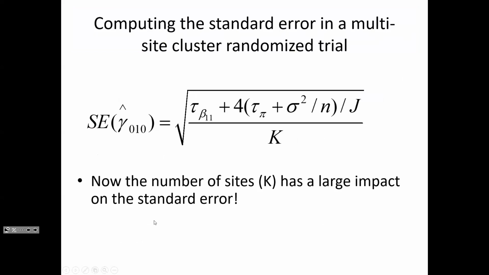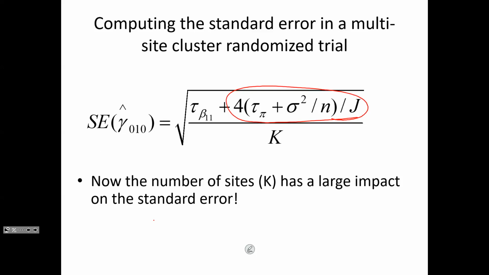Okay, so how do we compute the standard error for a multi-site cluster randomized trial? Do you remember I showed you power for a cluster randomized trial, and I showed you that standard error? Notice that this is the exact same formula as the one I showed you before. But what is added here is, remember how J was in the denominator?